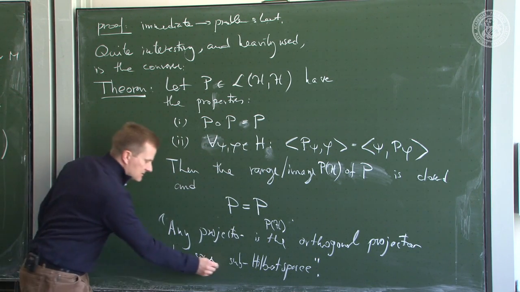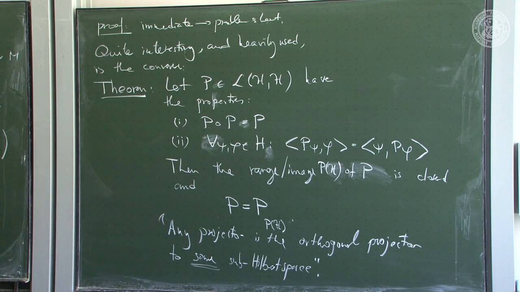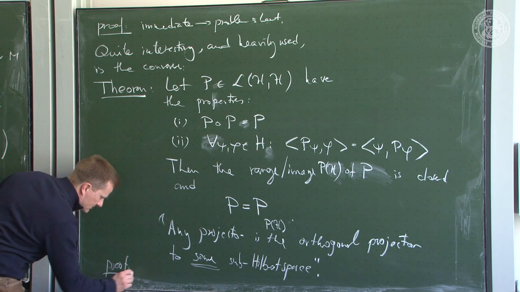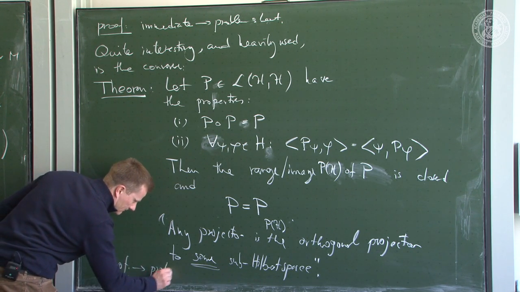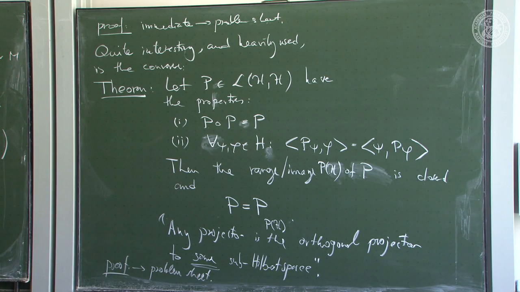And the some is a slight understatement because we even know which one, namely the range of the map. And it's good to practice this, so the proof is on the problem sheet. So this will be quite heavily used.